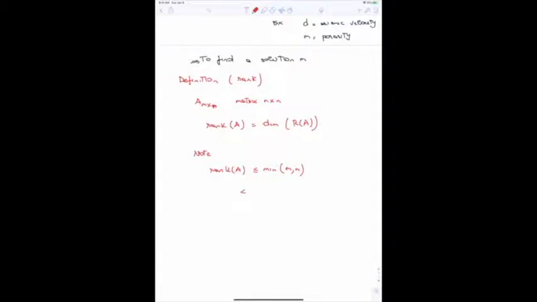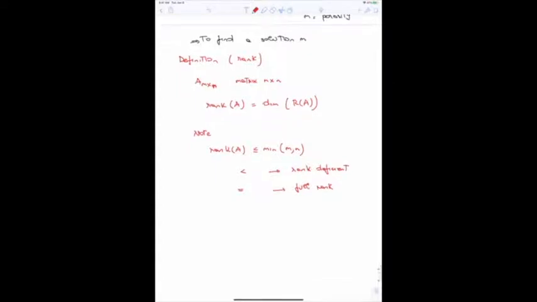If it is less than, it means that the matrix is rank deficient. And if it is equal, it means that it is full rank. We're going to use these concepts, and when we look at those, I'm going to try to be a little bit more detailed. For those of you who are not familiar with them, the others can just skip through it.